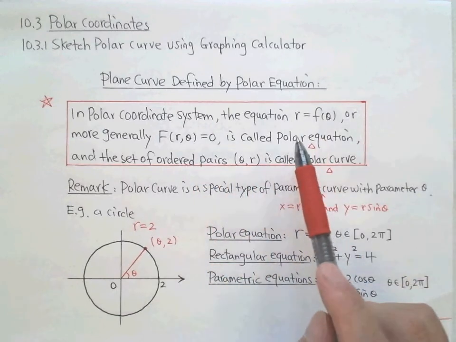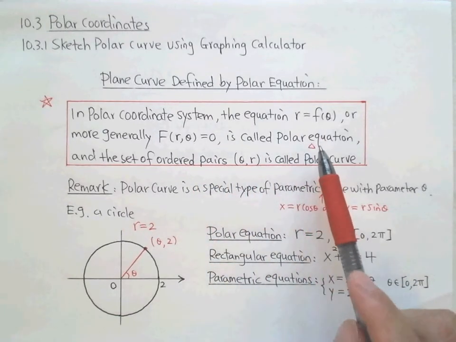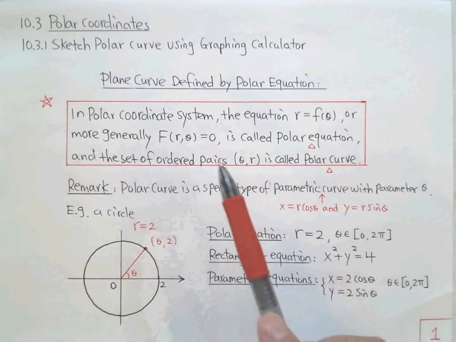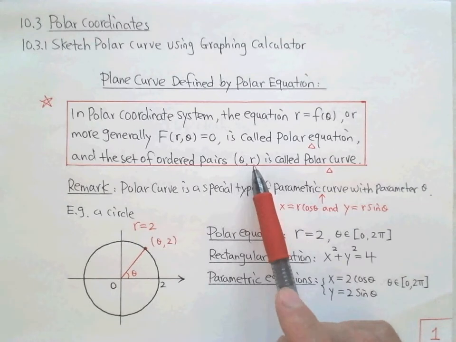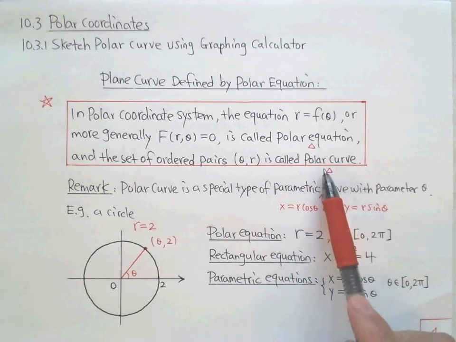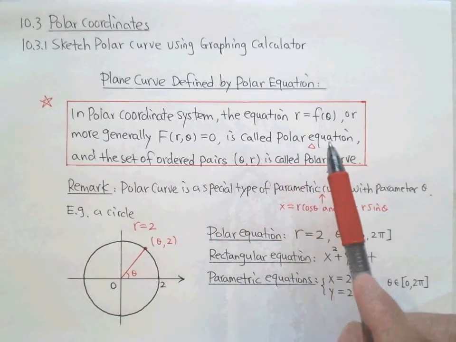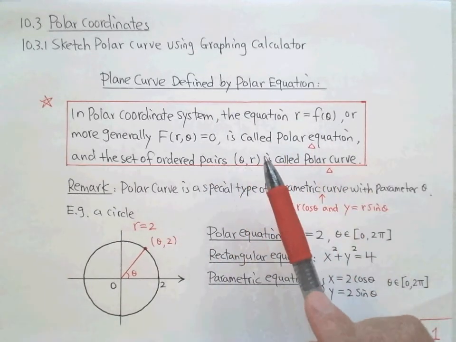The points in the coordinate system are pairs of r and theta, and a lot of pairs put together we call the polar curve. So we can use the polar equation to describe a polar curve in the polar coordinate system.